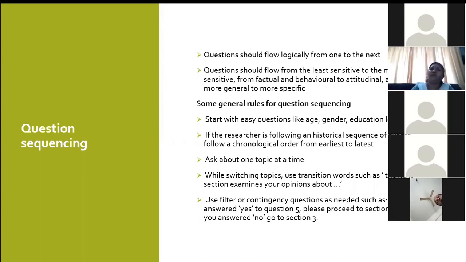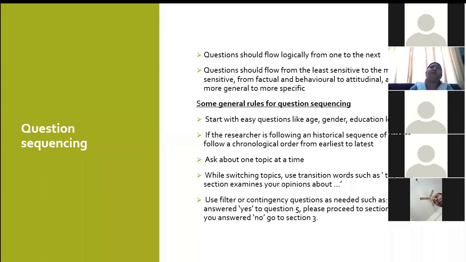And if the researcher is following a historical sequence of events, follow the chronological order from the earliest to the latest. Such sequencing is always good. And ask about one topic at a time. If you are asking about one topic, finish that topic, and then move to the other questions. Sequencing is very important.